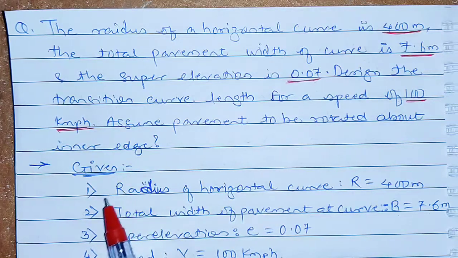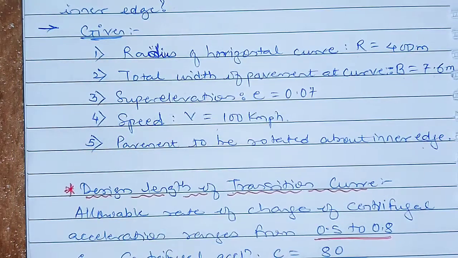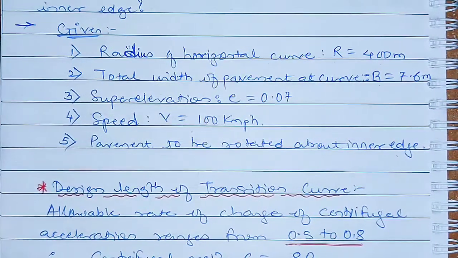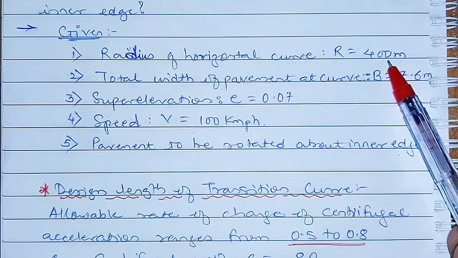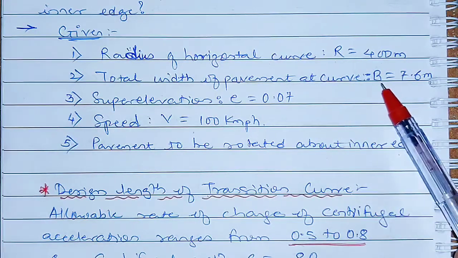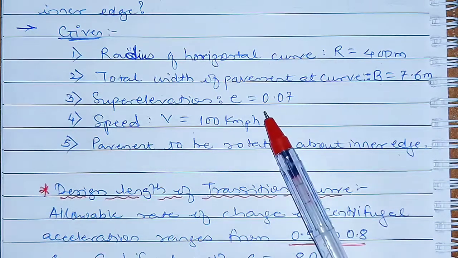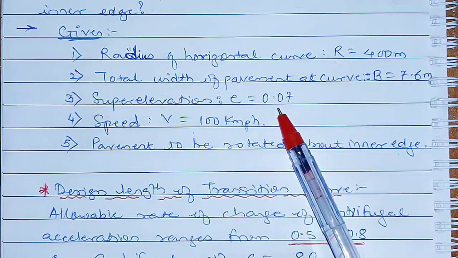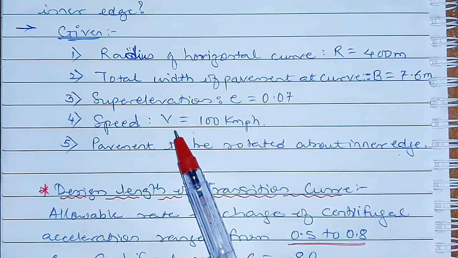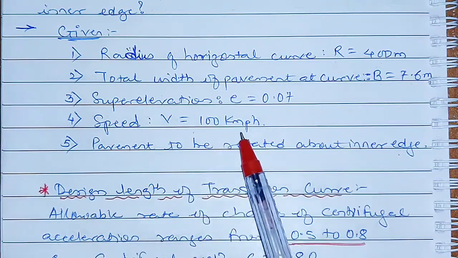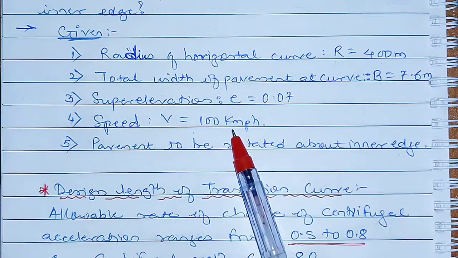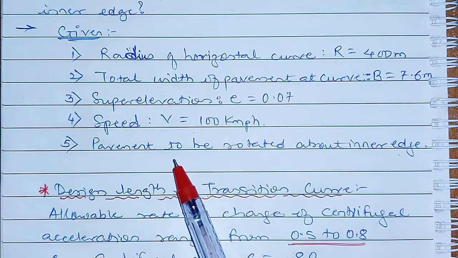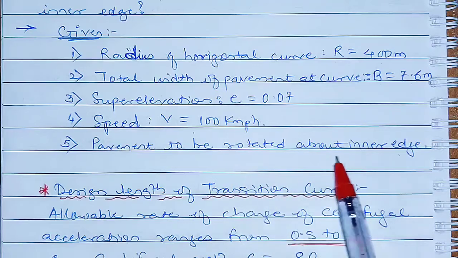So the data given to us is the radius of the horizontal curve R as 400 meters, the total width of the pavement at the curve B as 7.6 meters, whereas the super elevation E is 0.07, and the speed of the vehicle V is 100 kilometers per hour, and the condition is that the pavement is to be rotated about the inner edge.